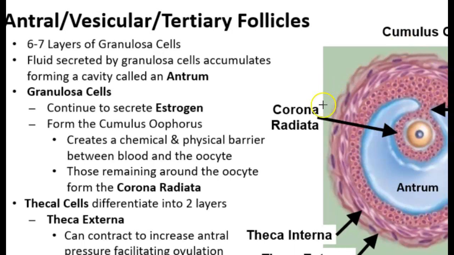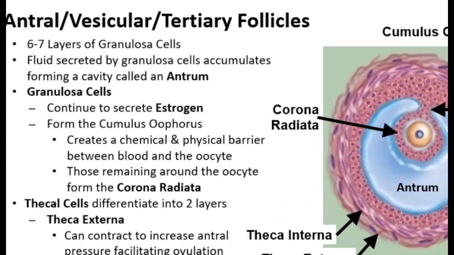The thecal cells that are surrounding the outside of the follicle are of two types. The outermost layer is called the theca externa. They can contract when it's time to increase pressure in this antrum, and that will eventually facilitate rupturing and release of the oocyte, or ovulation.